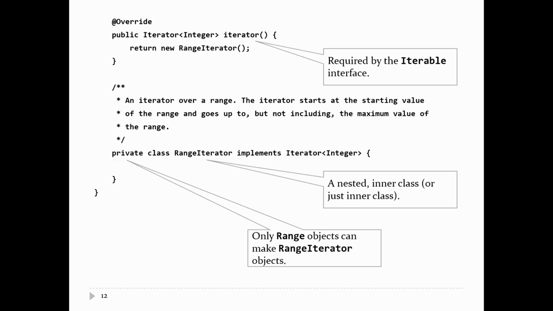So we make it private so that no one else knows about it. They can still use it, because iterator still returns an iterator. Whatever object is returned by this method, people know that they can call has, next, and next, because those are the methods that belong to iterator. But they never actually know that it's a RangeIterator object that's coming back. They just know that they're getting some iterator.